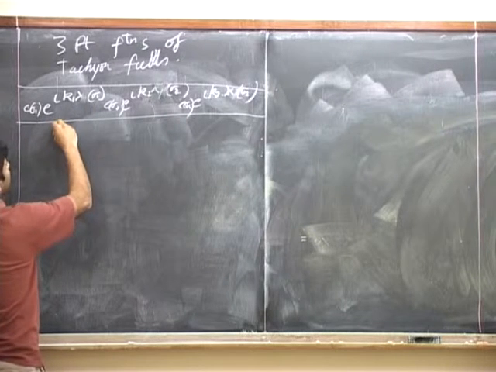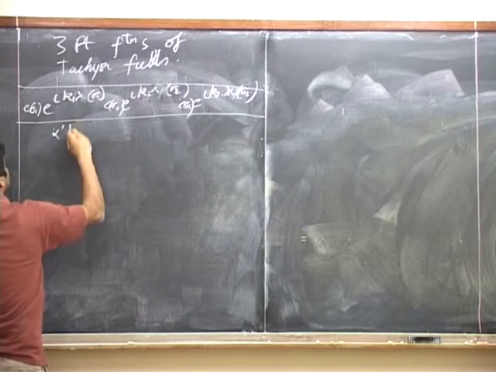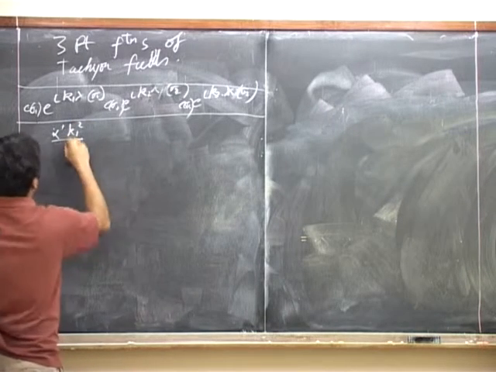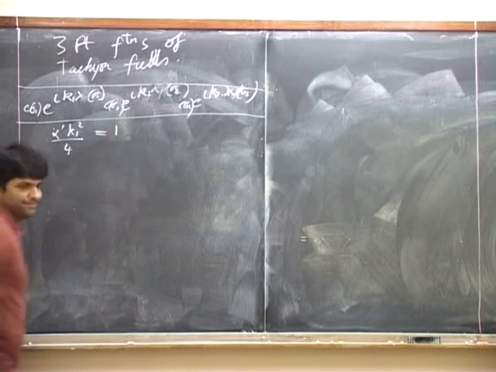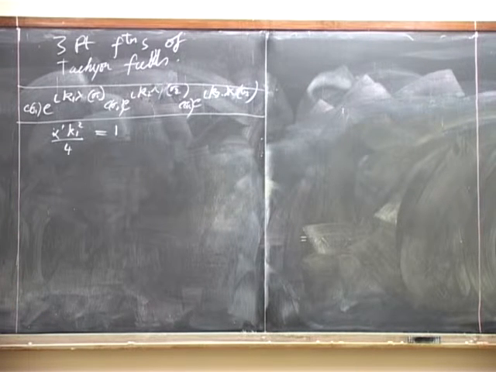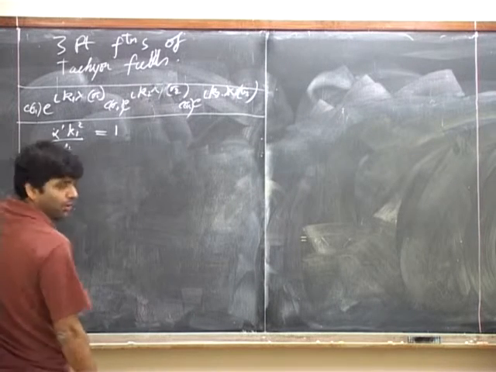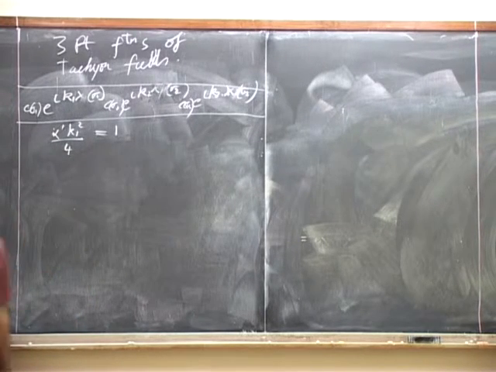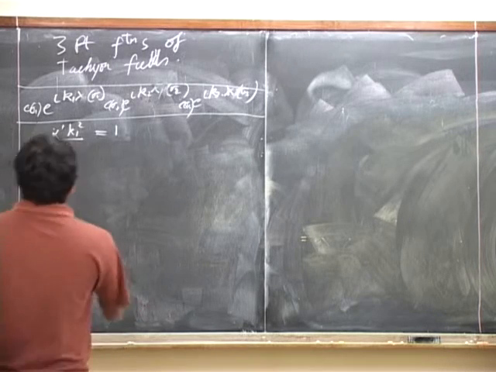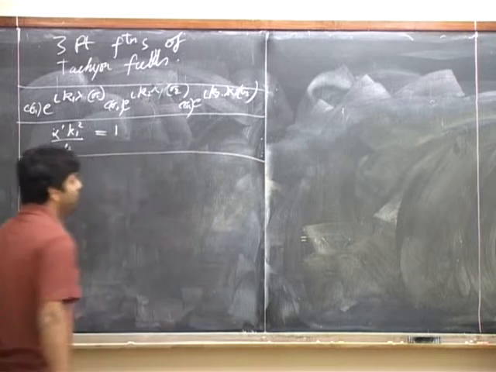First, remember that all these operators are on mass shell, so they obey the equation alpha prime k1 squared by 4 is equal to 1. They're all dimension (1,1) operators, and alpha prime k1 squared by 4 was the left and right dimension of the operator e to the i k dot x. So now let's use our general formulas.